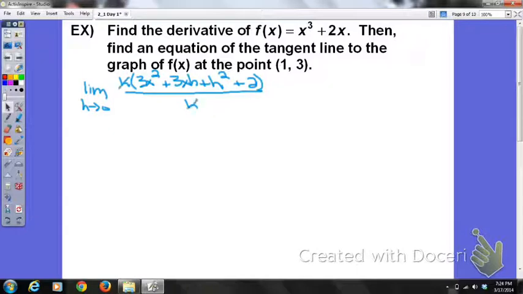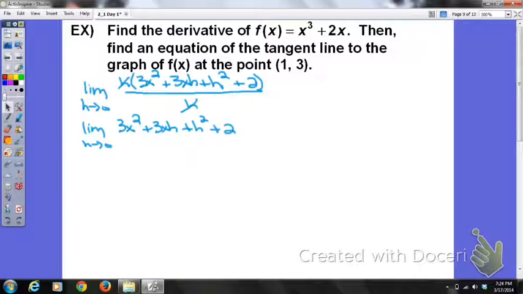Our h's now legally cancel, and we can calculate our limit as h approaches 0 of 3x squared plus 3xh plus h squared plus 2.